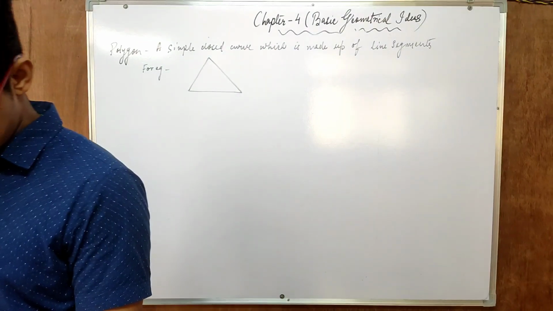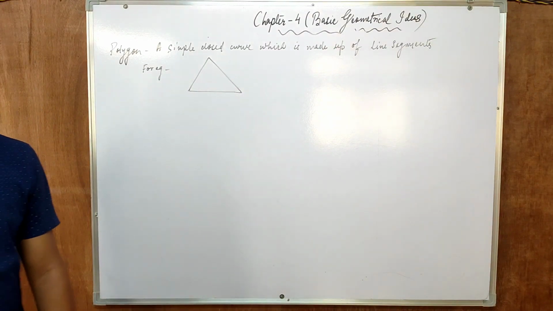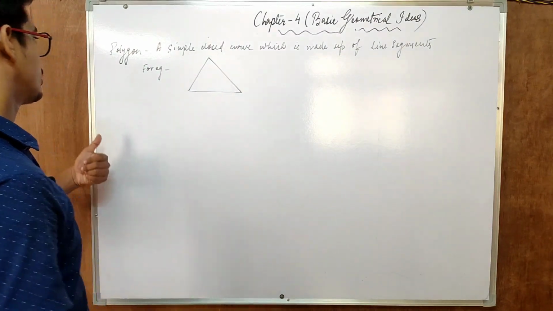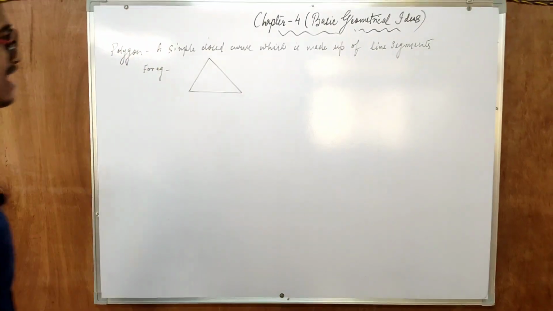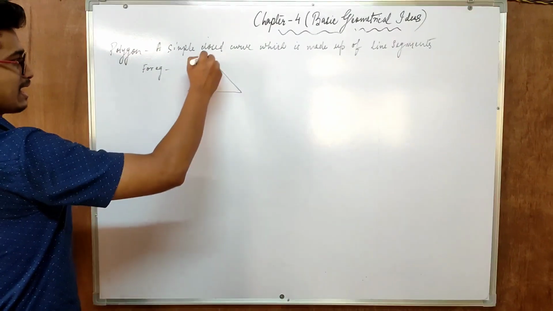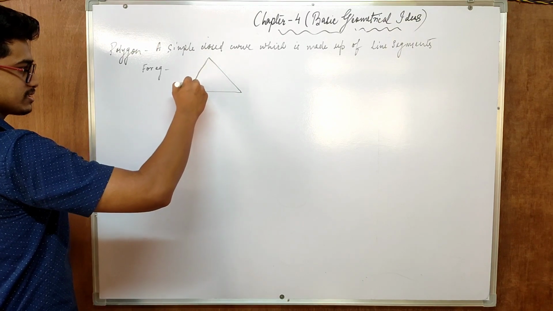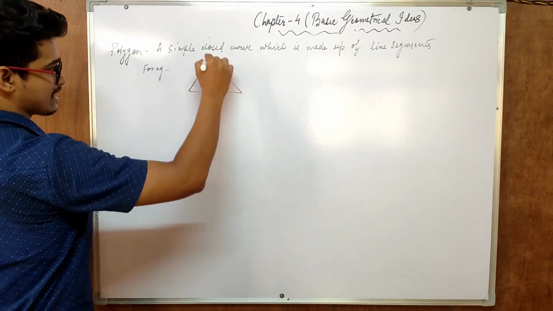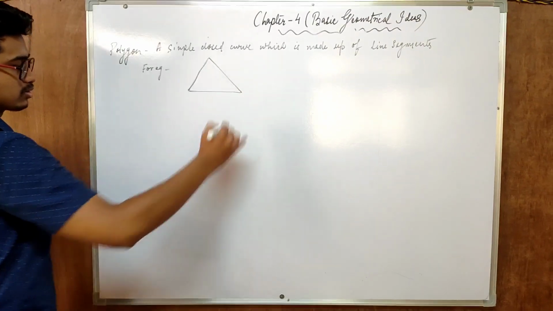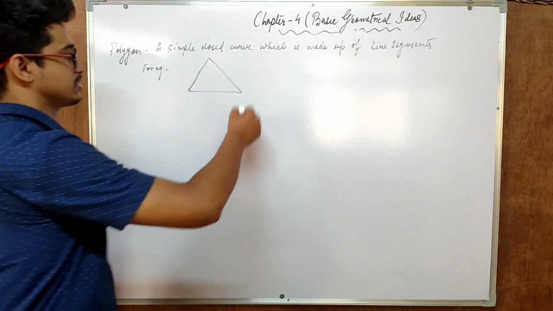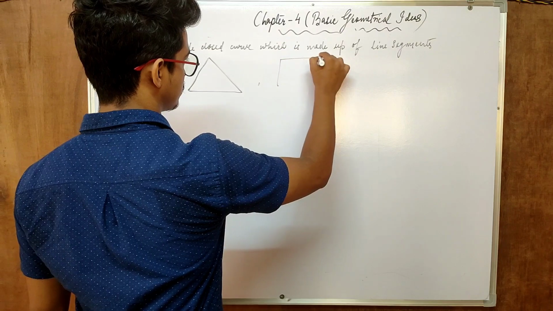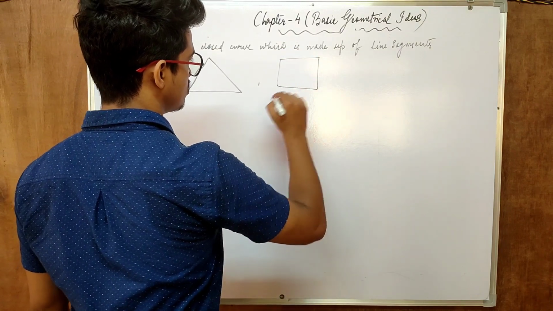So it depends upon the number of sides. What do you mean by sides? Or the number of line segments. These line segments are nothing but called the sides of a polygon. Here different forms are there. This is another shape that is called a quadrilateral.